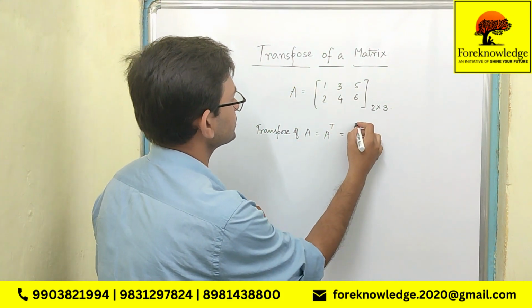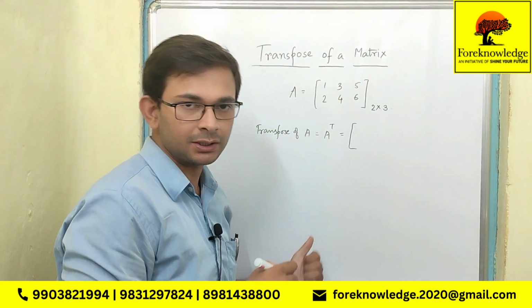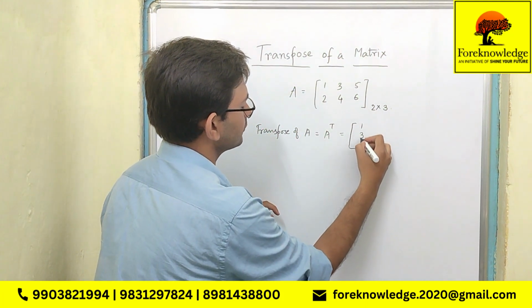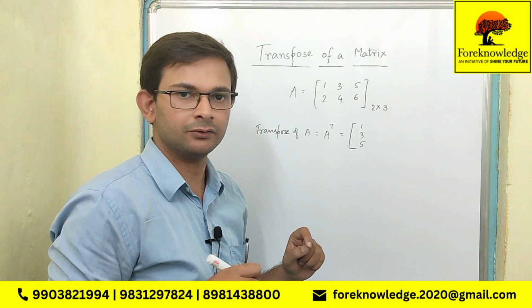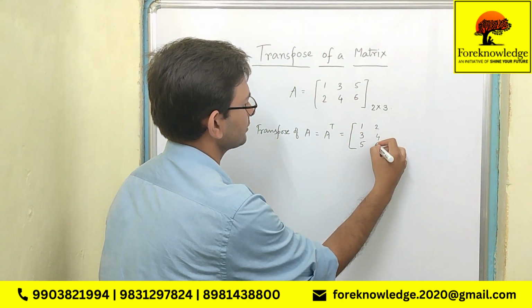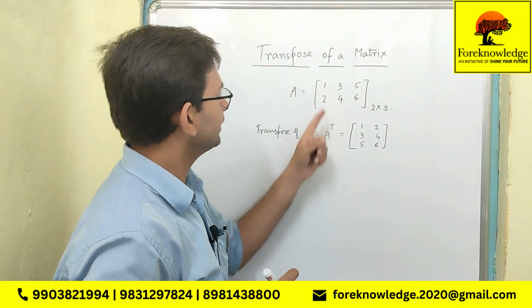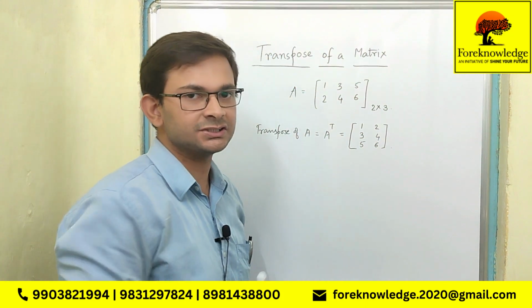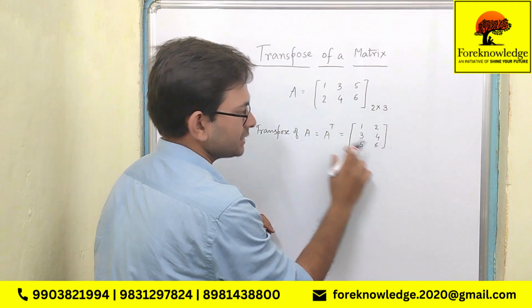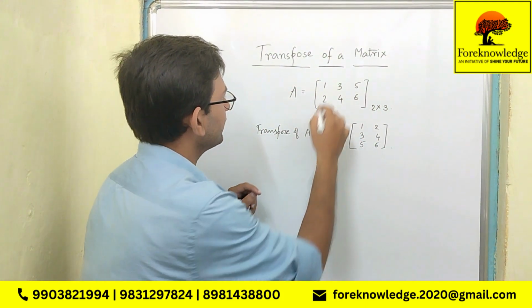So A transpose is nothing but writing the elements of rows along the columns. The first row 1, 3, 5 is now the first column, and the second row 2, 4, 6 is now the second column.